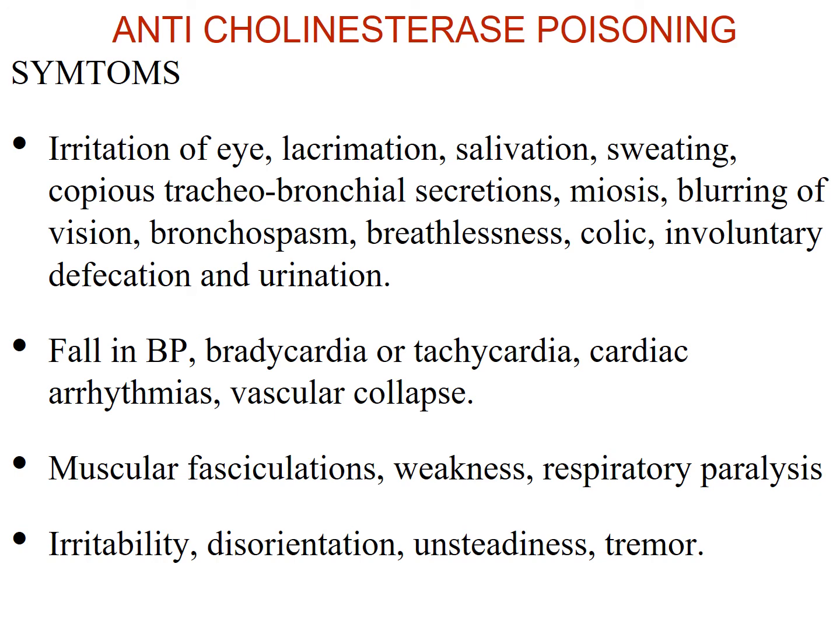This is the poisoning where there is overdose or increased dose of the anticholinesterases, where there are exaggerated acetylcholine-like effects like irritation of the eye, increased secretions leading to lacrimation, salivation, sweating, increased secretion in the tracheobronchial tree, then miosis because of the action on sphincter pupillae, blurring of vision, spasm of accommodation, bronchospasm, breathlessness, abdominal colic because of increased peristalsis, involuntary defecation and urination because of its action on trigone and detrusor muscles.